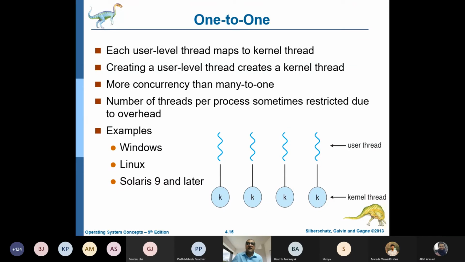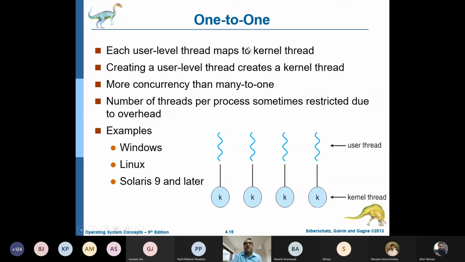So as the number of user level threads increases, the kernel also has to increase the threads to support them. With that, the overhead will increase, and it sometimes affects the overall performance of the system.